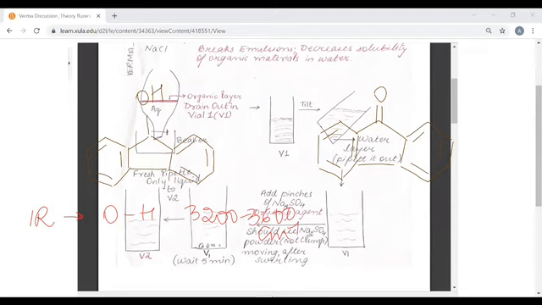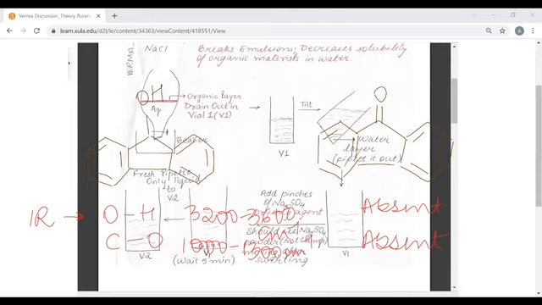That peak will be absent in your product. Another peak that will evidently tell you if you have an alcohol or not is your regular C single bond O peak, which appears between 1000 and 1300 centimeter inverse. That peak will be absent in your product.